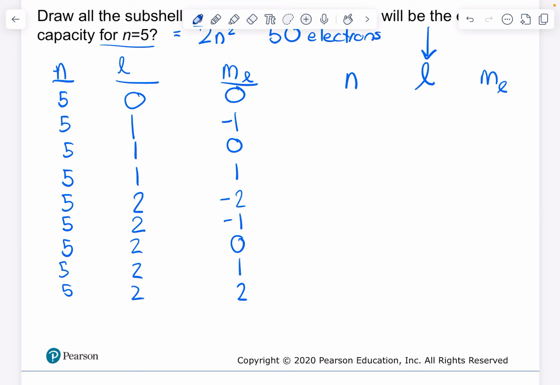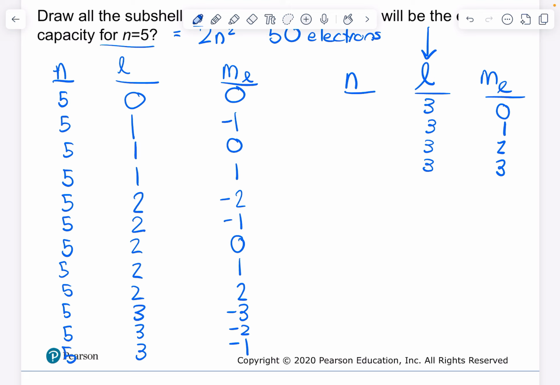L, M sub L. Okay, so the next one would be L equals 3, and that could have an M sub L of -3, -2, -1, 0, 1, 2, 3. Now these are all values where L equals 3, and N is not changing. This is only for N equals 5.